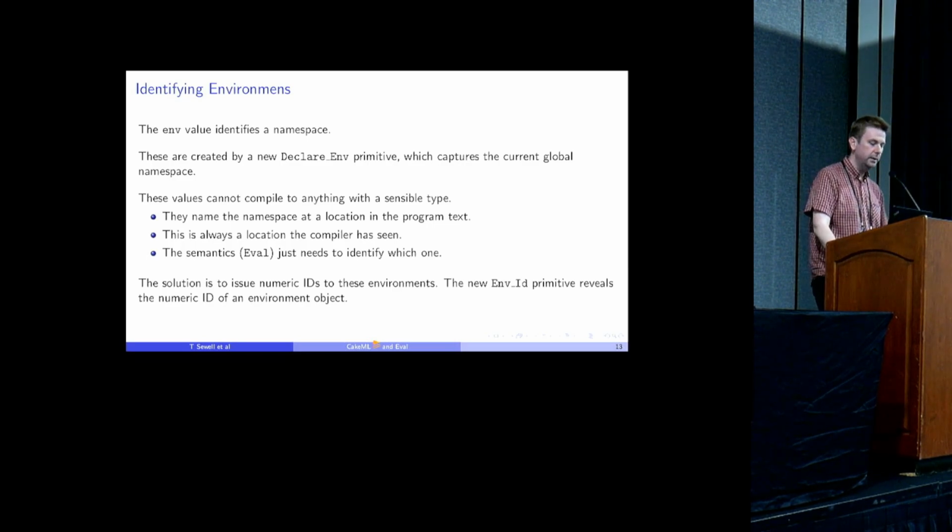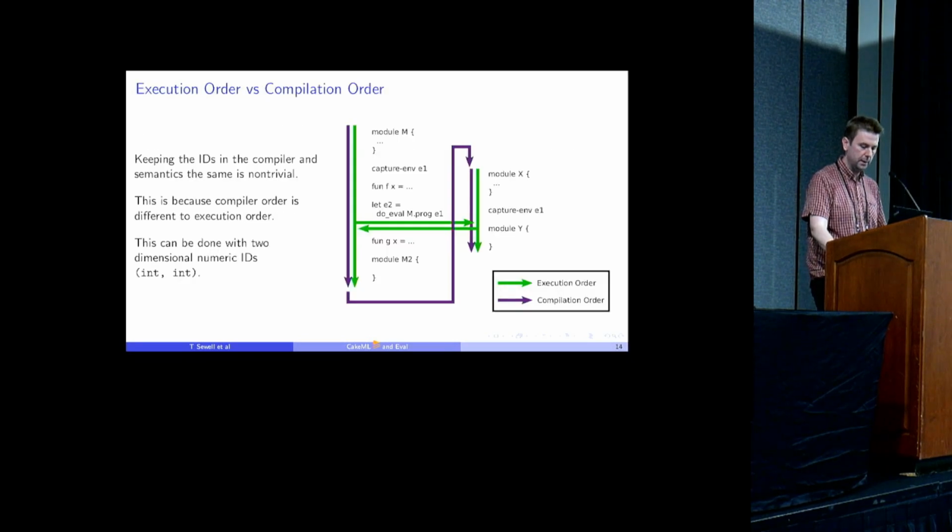So instead, you have to identify envs by number, and you tell the compiler the number of the environment, and then these numeric IDs can be revealed by yet another primitive, and as long as the actual compiler was called with the ID of the environment that the semantics understands, everything is fine, as long as they count the same.